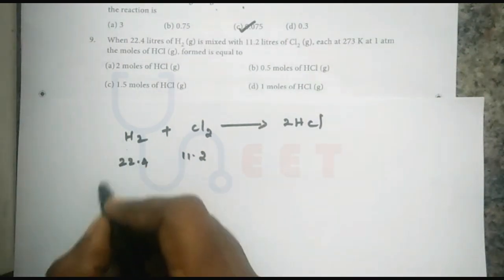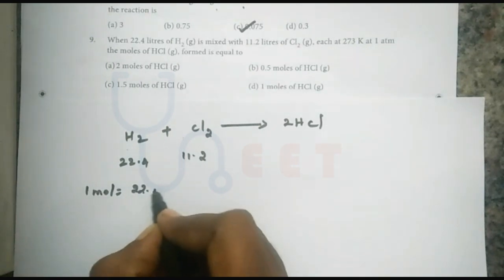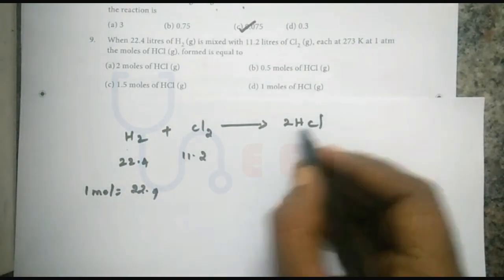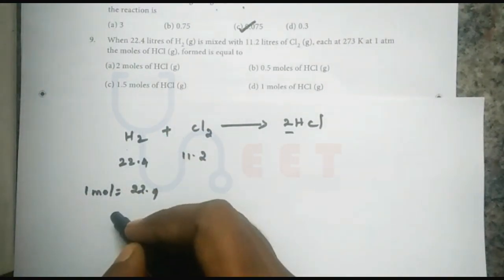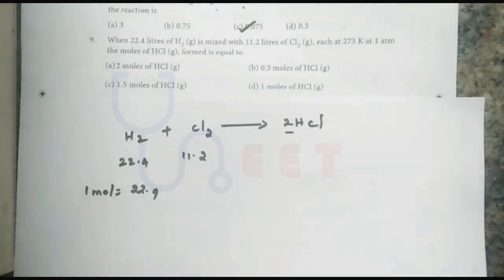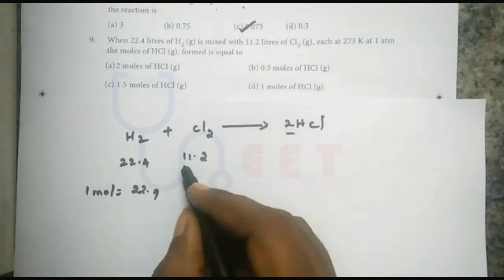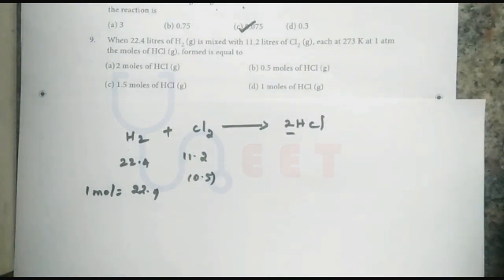Here 1 mole is equal to 22.4 liters. Now we are getting product as 2 moles. 11.2 liters means only 0.5 moles of chlorine is involved here.